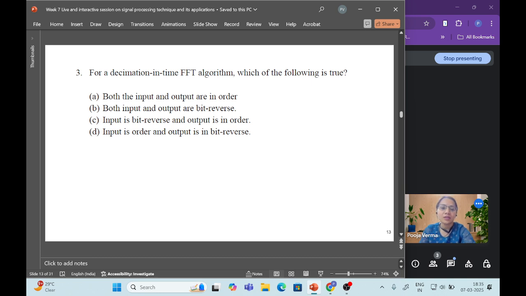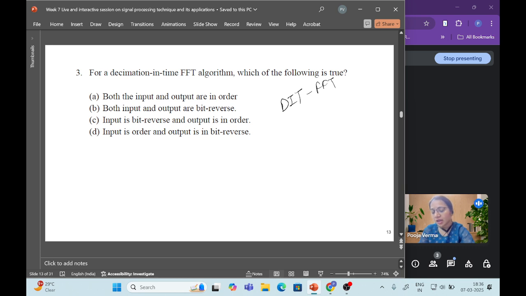So it is DIT. That means decimation in time FFT algorithm. So already we have seen in the butterfly diagram, we are giving the inputs in the bit reverse order and output we are getting is in order.